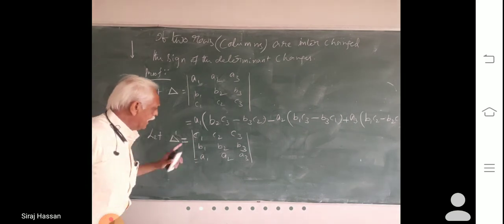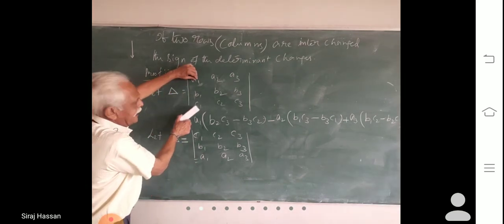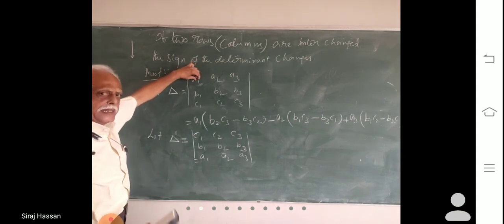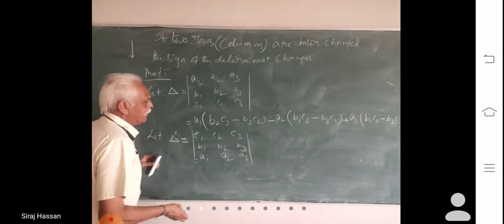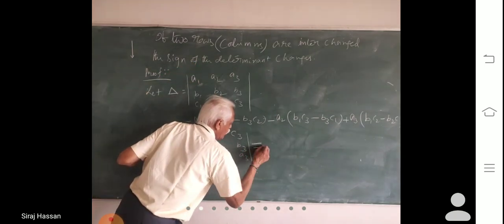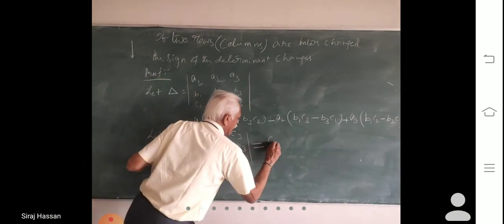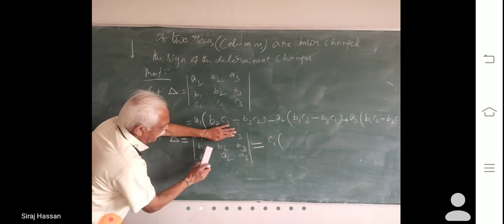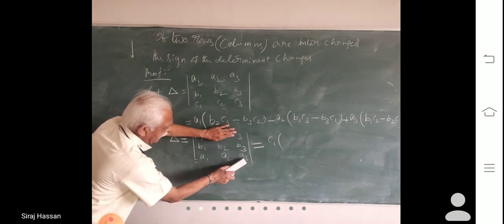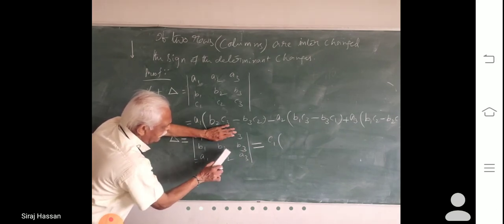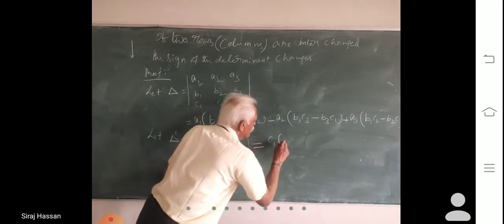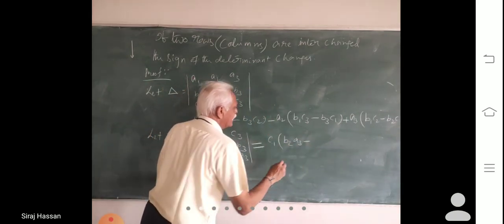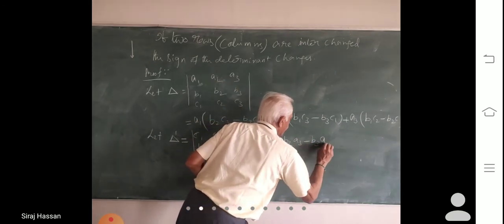It is a determinant formed by interchanging these two rows, or you can interchange two columns also. You practice that. Now, if you expand this, what are you getting? C1 into, eliminating this row and column, B2 A3 minus B3 A2.